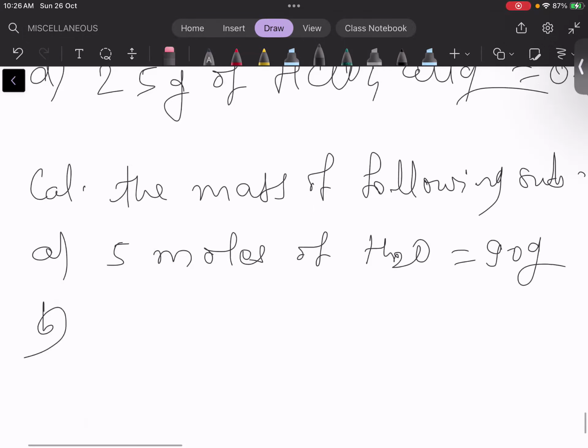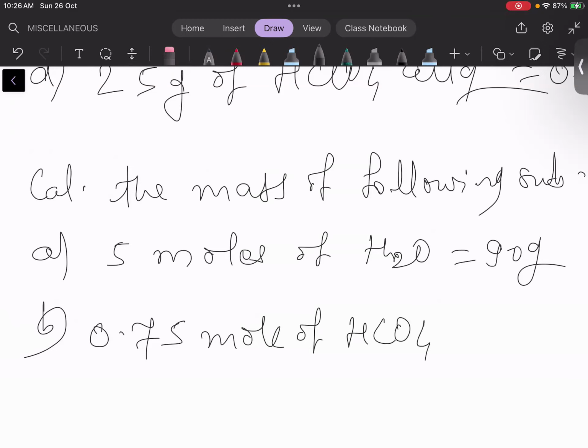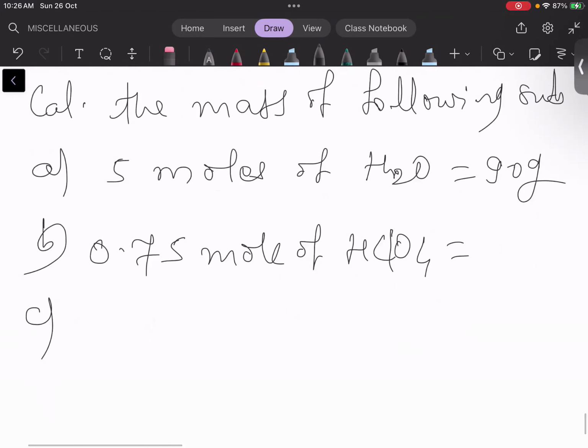Second, 0.75 mole of perchloric acid. Then third, 2.5 moles of sodium hydroxide.